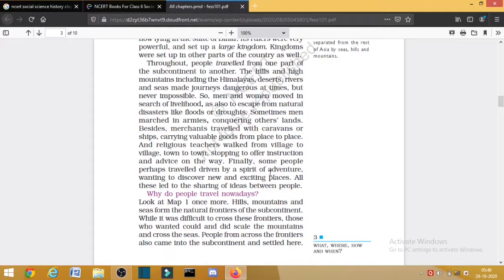They wanted to know new things. Exciting means causing strong feelings or pleasure and interest. All this led to the sharing of ideas among people.